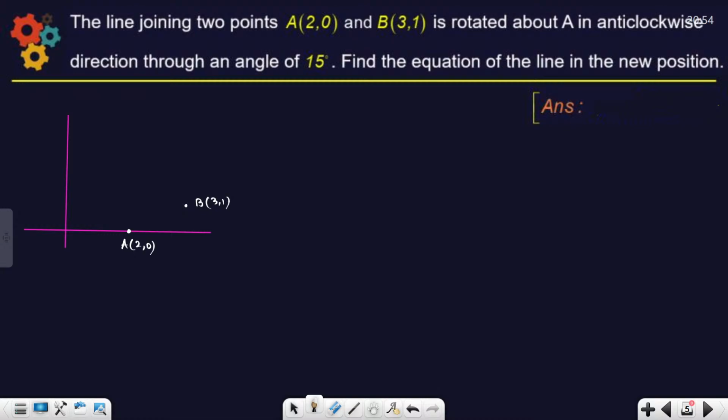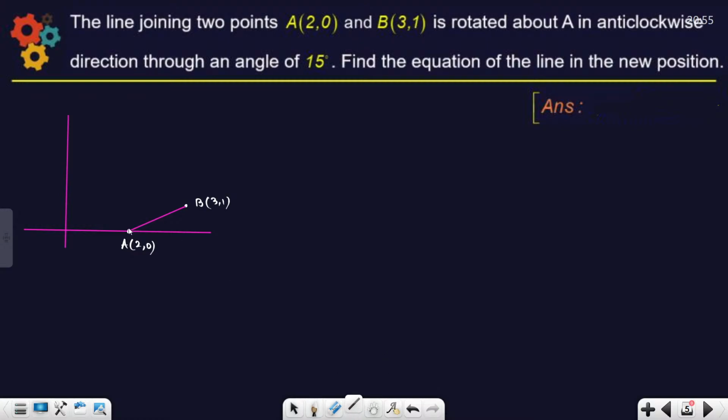Okay. Now what they have said: the line joining the two points A and B, so let me just join it by a line. This line is rotated about A in the anti-clockwise direction through an angle of 15 degrees.